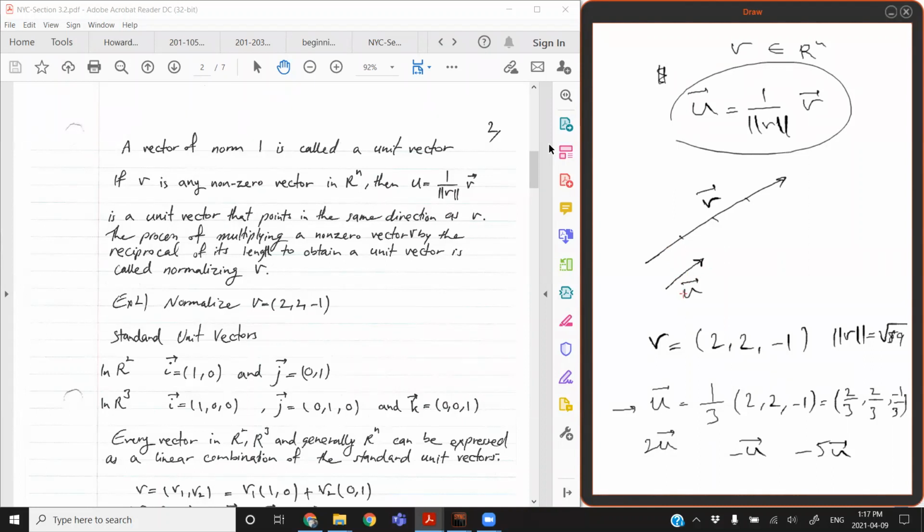Now, if I want to have a vector in the same direction as v, but of length 2, that vector would be 2u. Yes, it's going to be this. 2u. And if I want a vector that is of length 1, but points towards the opposite direction as v, that would be minus u.